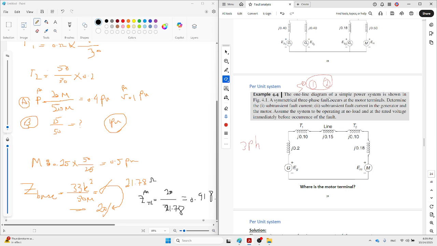All the power system and the breakers are designed to operate under three-phase fault. About 70% of faults in a power system are single-phase line faults, and three-phase faults are only 5%, if I'm not mistaken.